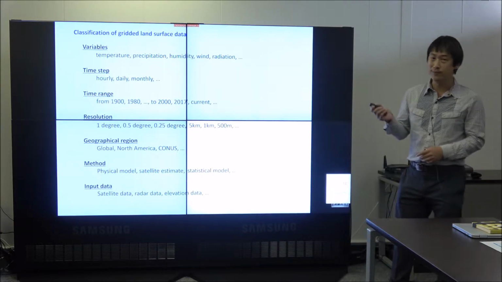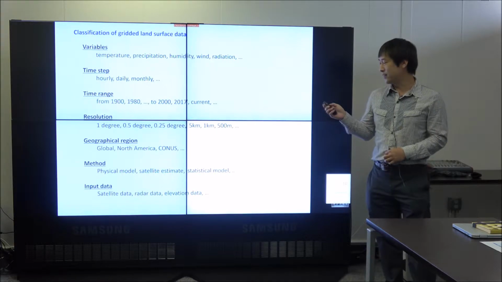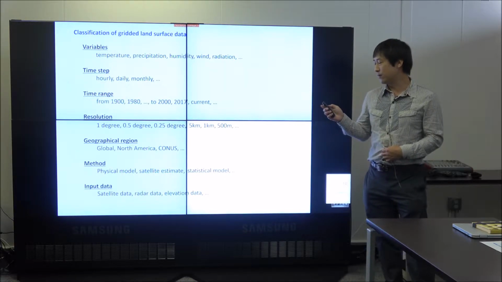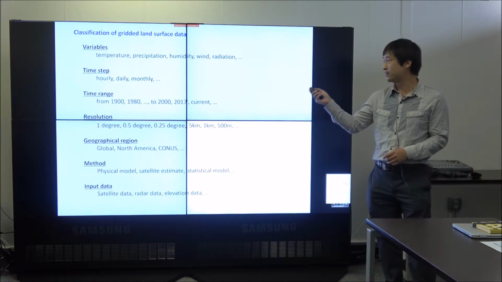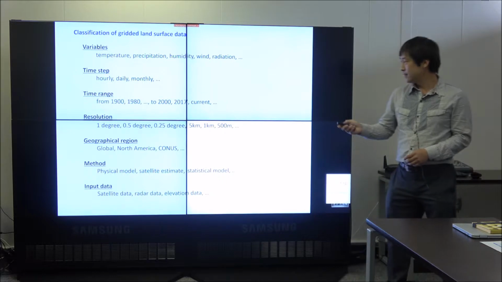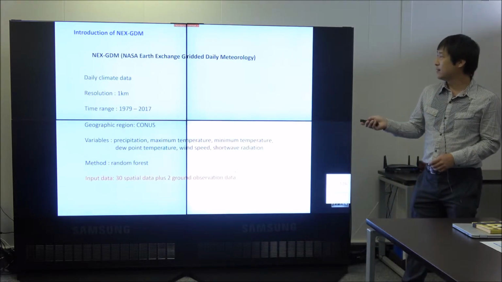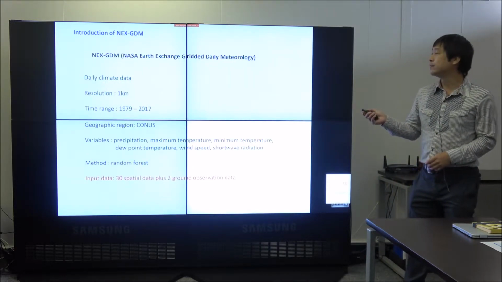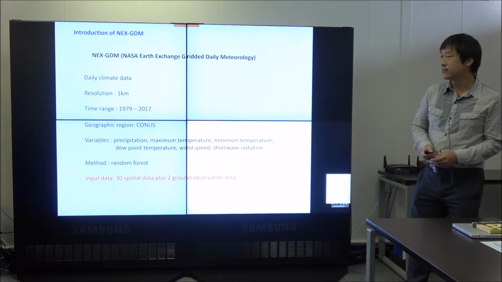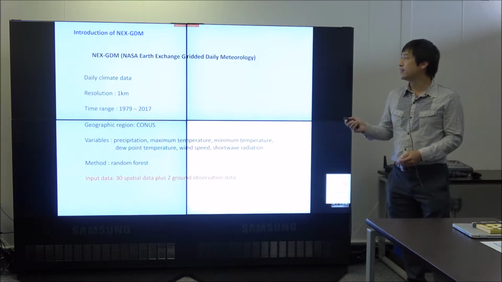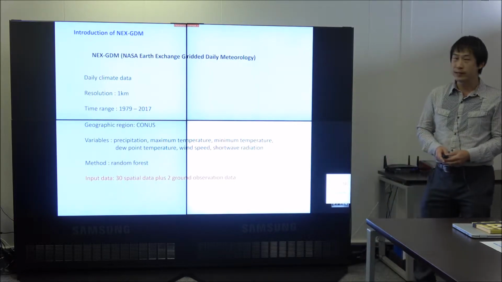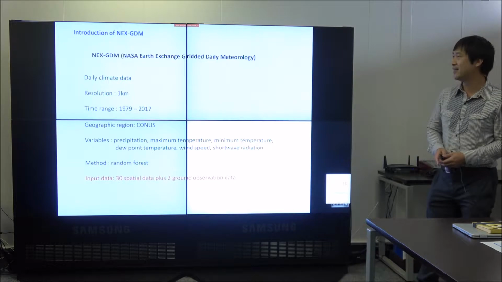For example, for the ecosystem model we mainly use PRISM or Daymet data because they have many other variables and are very stable. So we want to create another data set using a statistical model. We call this data set NEX-GDM, NASA Earth Exchange Gridded Daily Meteorology.